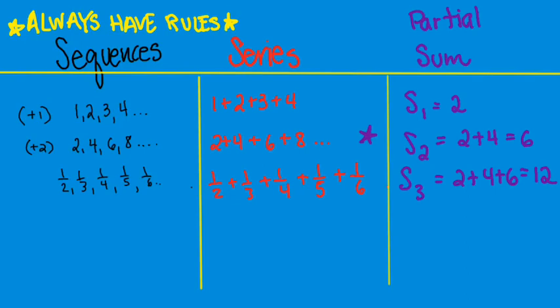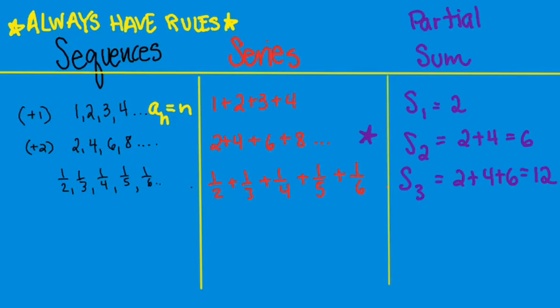In both series and sequences, we always have rules, right? Let's go back to our sequences. The first one, I know the step value is the total value of the term. So the first step is 1, the second step is worth 2, the third step is 3, and so forth.